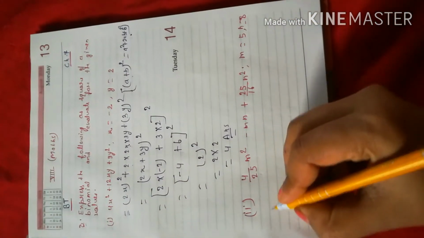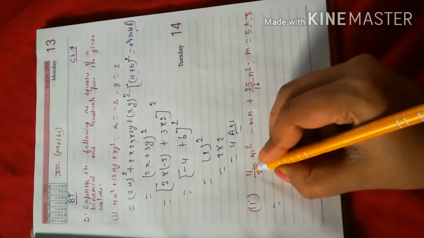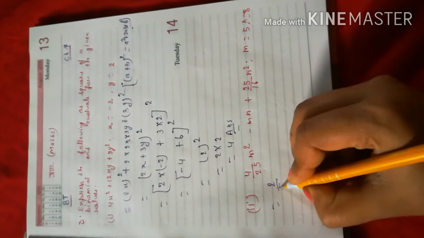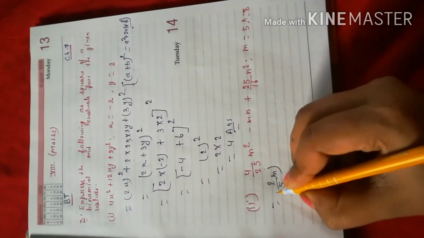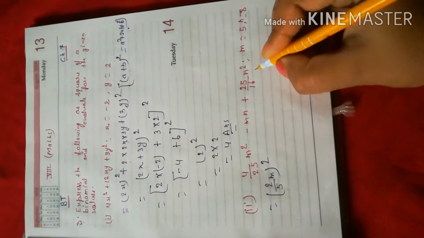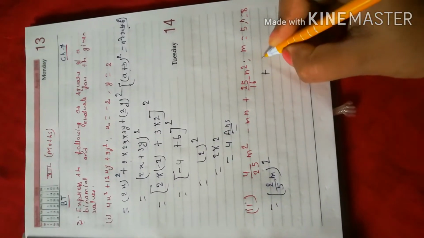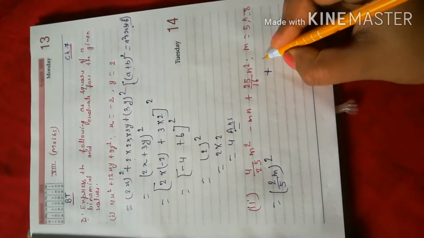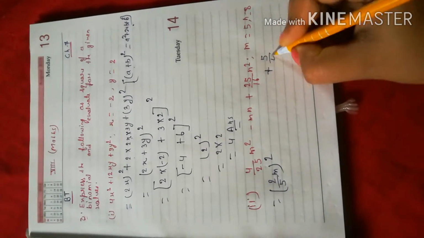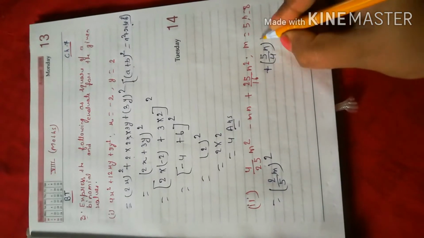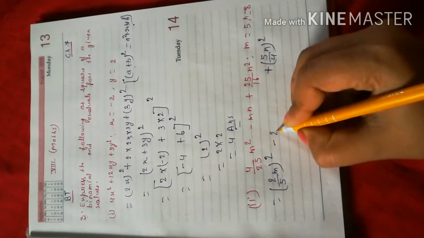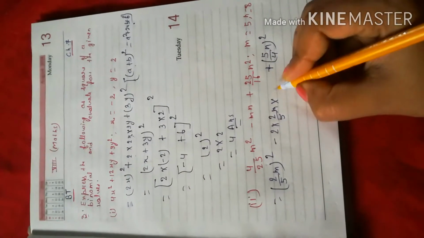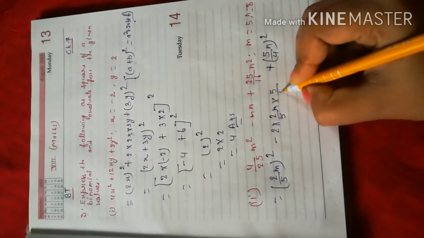Again here, at the place of 4 by 25 m square we can write 2 upon 5 m whole square, and here 25 upon 16 n square, so we can write 5 by 4 n whole square, minus 2ab, 2 by 5 m into 4 by 5 n.